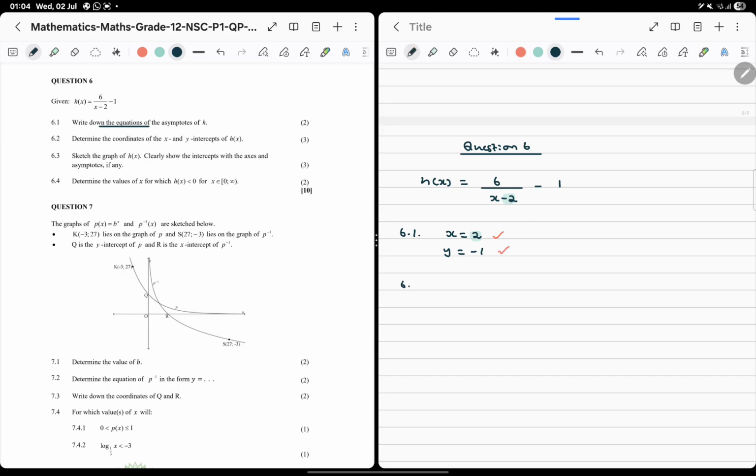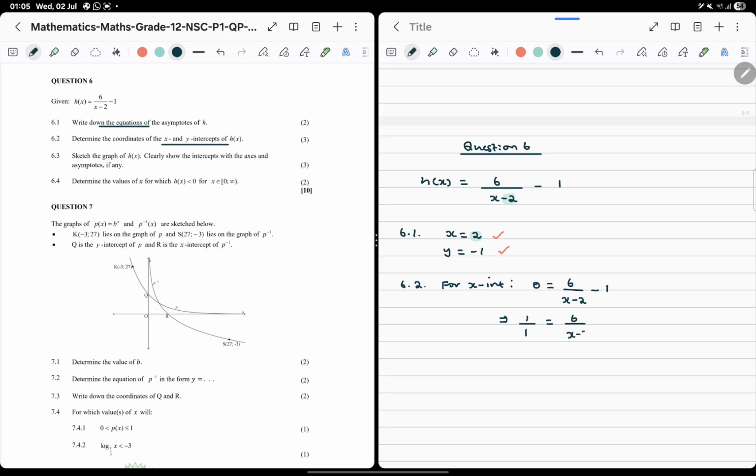So this is 6.2. Determine the coordinates of the x and the y intercepts. For x-intercepts, it is such that 0 is equal to 6 over x minus 2, minus 1. Now we transpose 1 to the one side and keep it as a fraction.